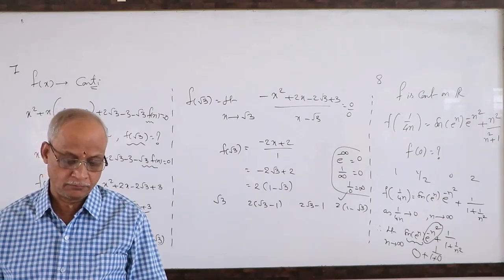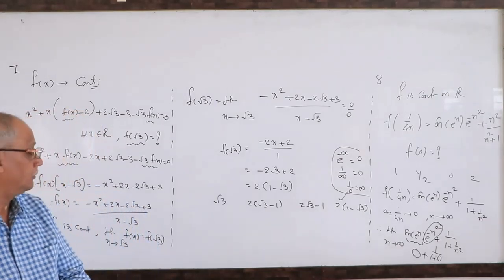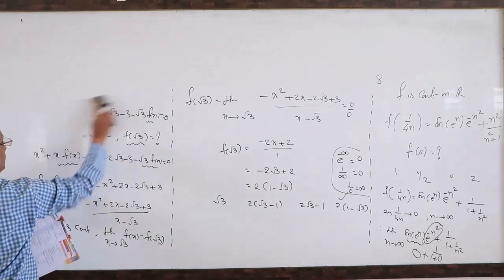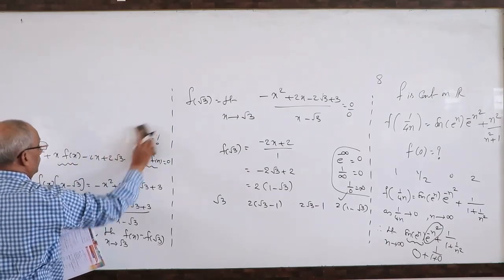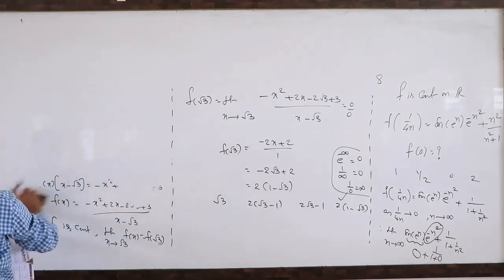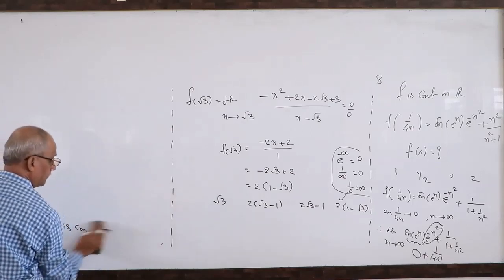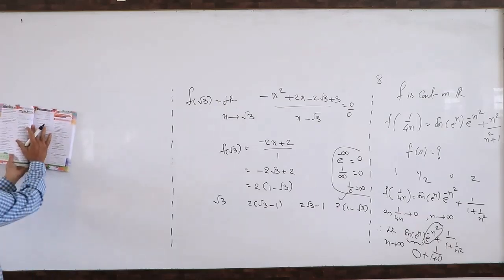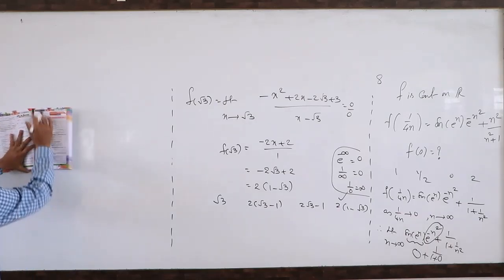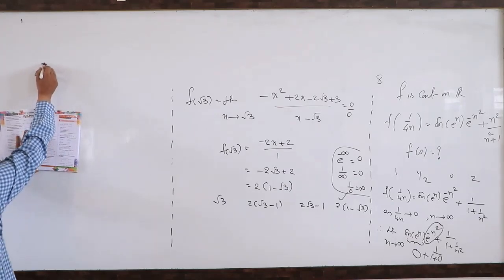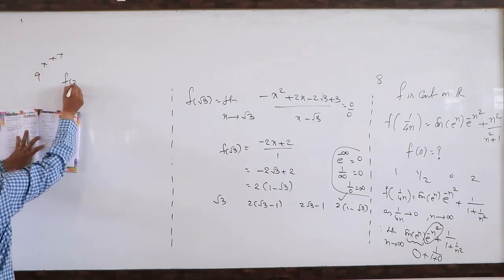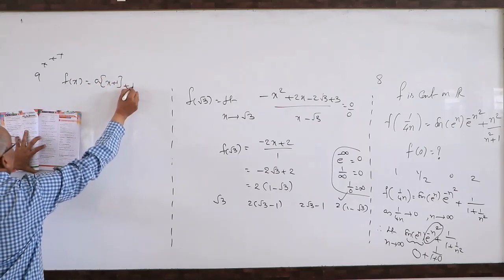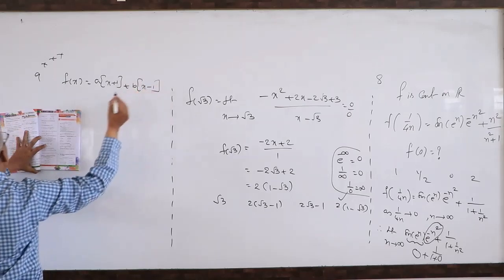Now, f of x is equal to what is the function here? Very important problem I am doing. Okay. The 9th is very important. f(x) is equal to a times the greatest integer of x plus 1, b times the greatest integer of x minus 1.